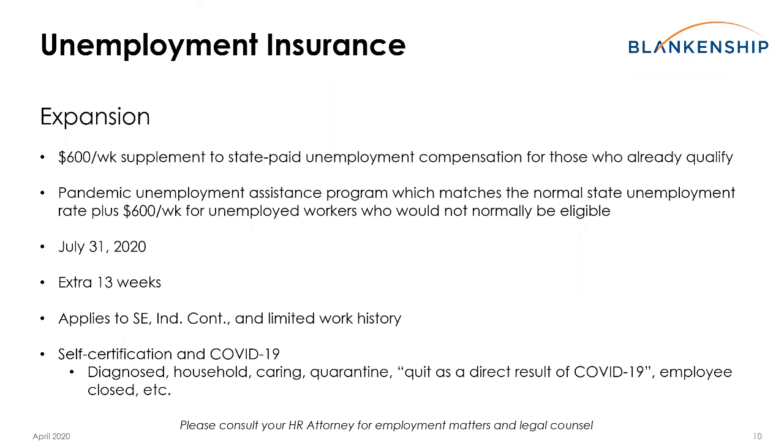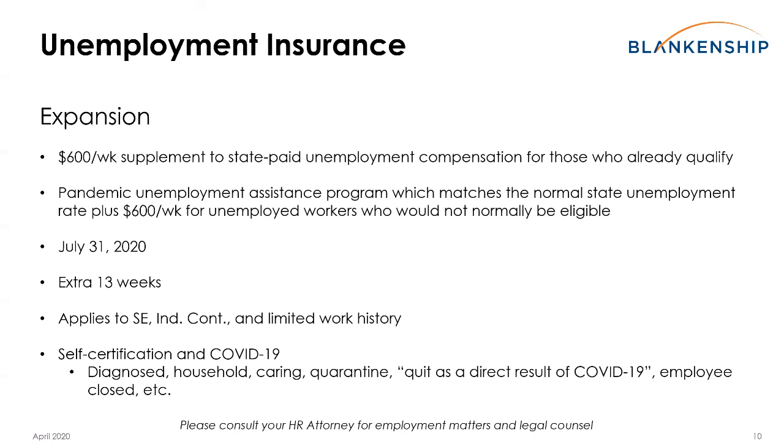In addition, there is expansion for pandemic unemployment assistance. For those who wouldn't have normally qualified under normal state unemployment rules, they're going to qualify under these additional rules. And again, that rate is going to be the normal state unemployment rate plus $600 per week for the unemployed worker.